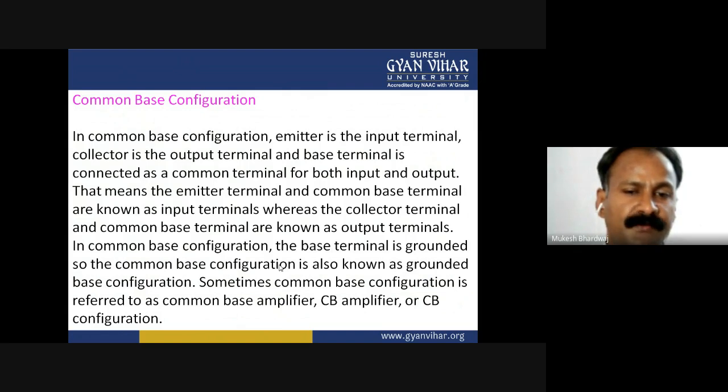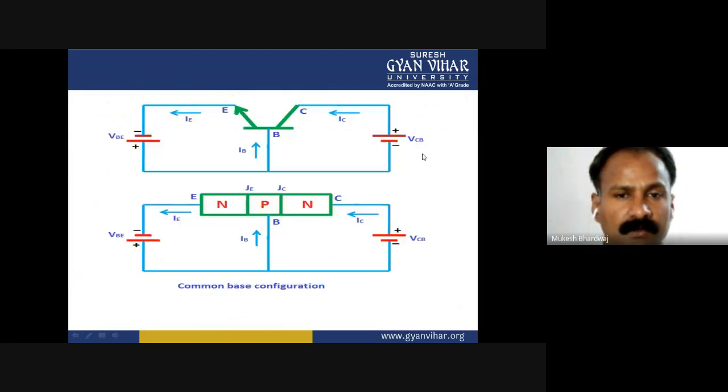The base terminal is grounded, so it is also known as grounded base configuration. Sometimes it is referred to as common base amplifier or CB configuration. This is the common base configuration for an NPN type transistor.